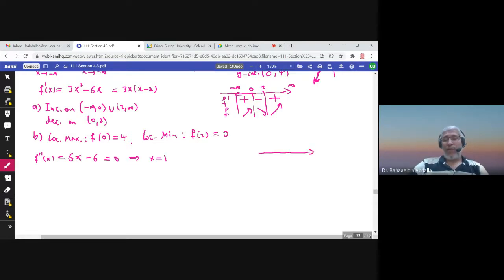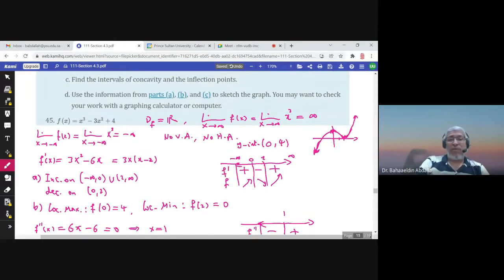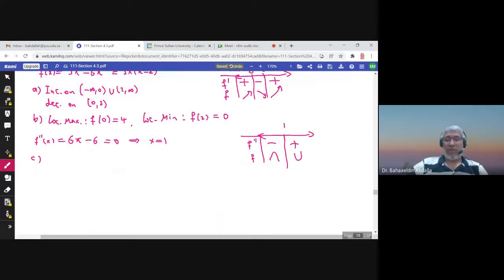So I can do a table for f double prime. If x is greater than 1, f double prime would be positive, so concave up; otherwise negative, concave down. So I can answer part C now, intervals of concavity and inflection points. F is concave up on 1 to infinity.